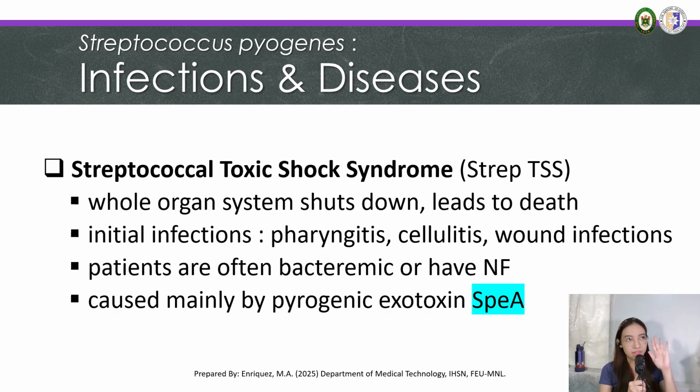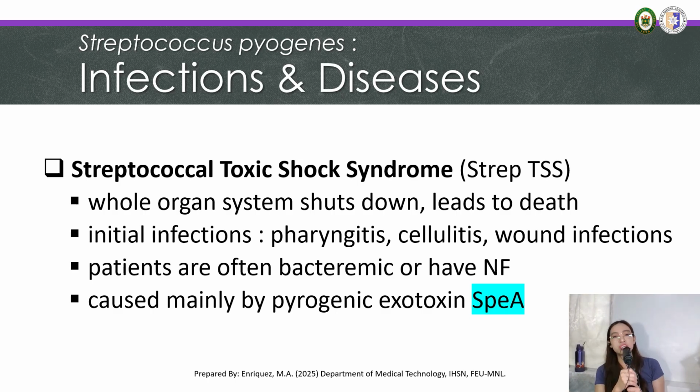All right. Again, that's Staphylococcus aureus. But if we're talking about streptococcal toxic shock syndrome, what happens here is nagkaroon muna po ng initial infection or ibang type of disease yung pasyente that was caused by Streptococcus pyogenes, which eventually led to the toxic shock syndrome.